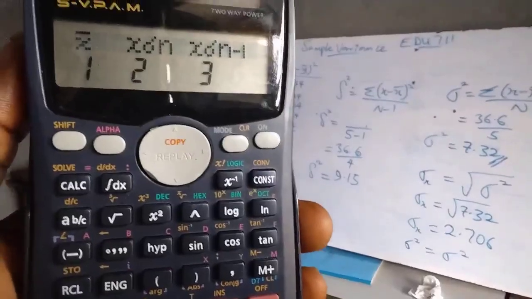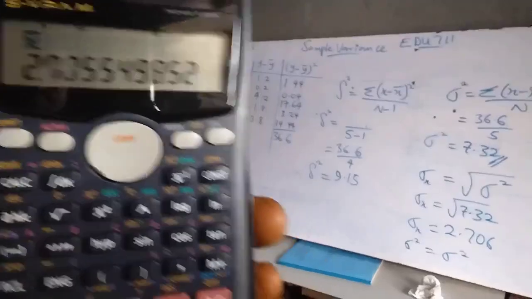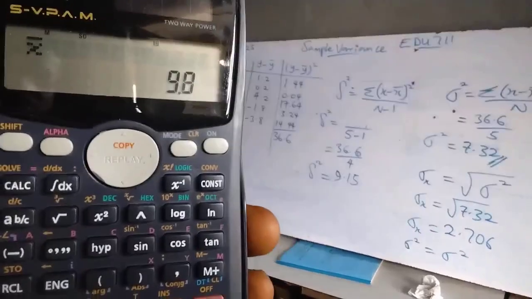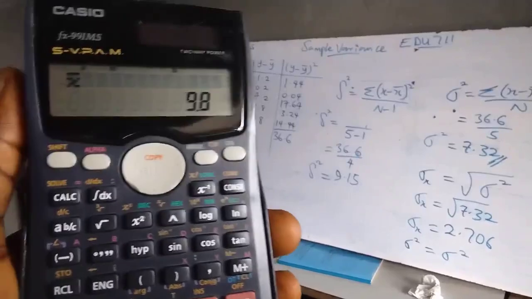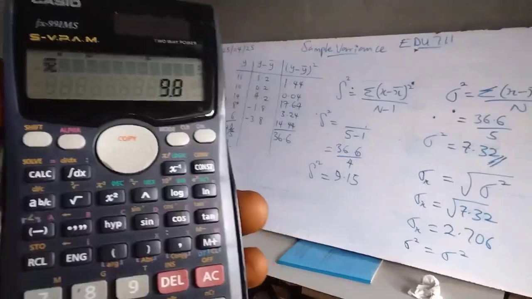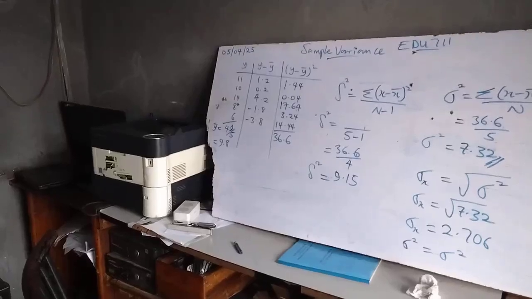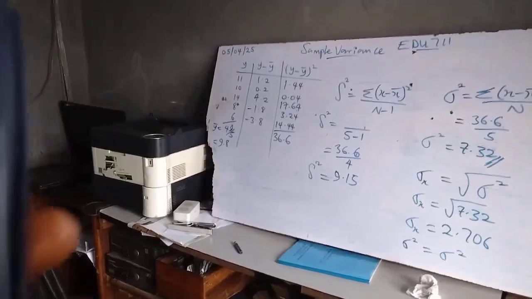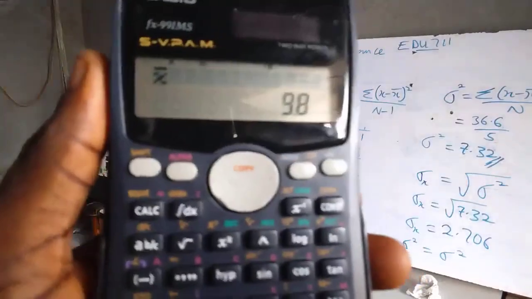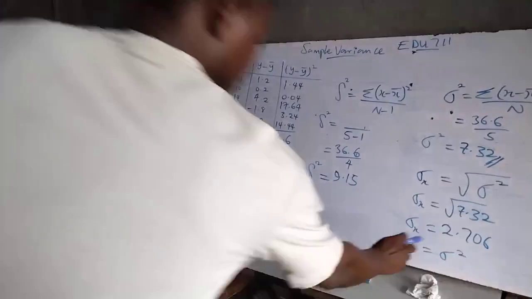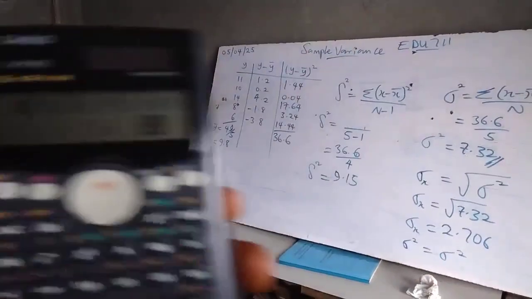So our mean, to confirm, is equal to 9.8. Then let's see our population standard deviation, which we have as 2.7 here. Let's see if it's the same.